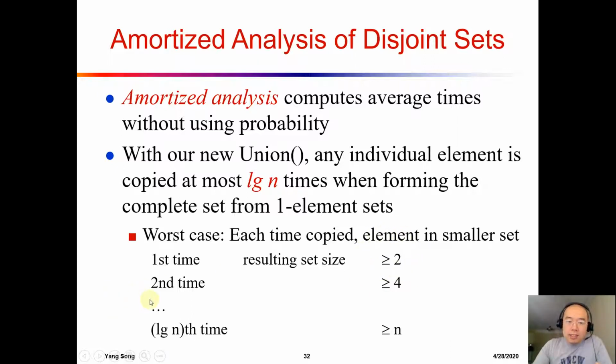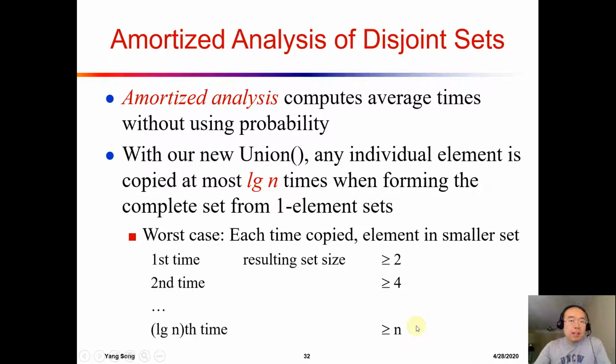How about if this item is copied again? Then we are copying it to an even larger set, so the destination set has to have at least four items. If we keep copying again and again, then by the log n-th time we copy this item to a larger set, the size of the set has to be greater than or equal to n.